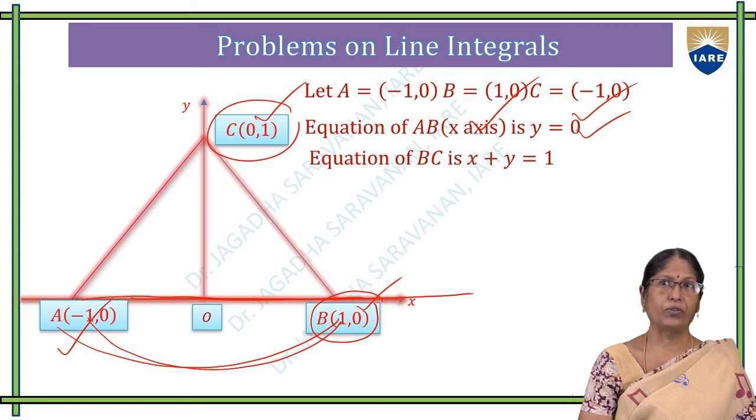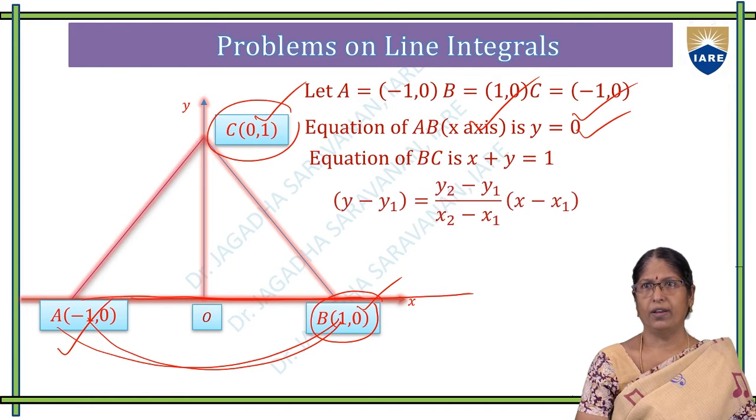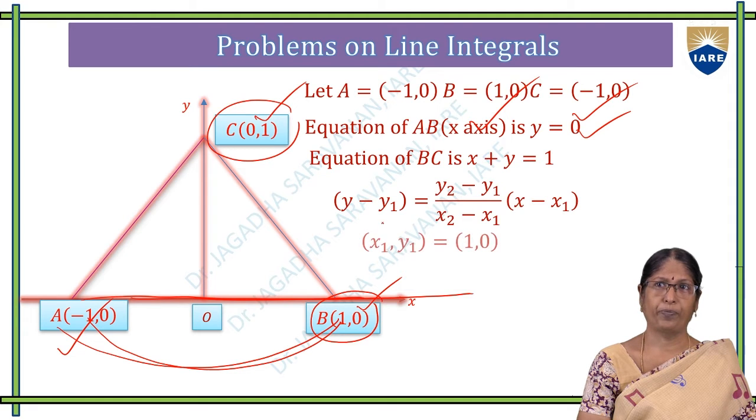According to the formula from analytical geometry, the formula is y minus y1 equals y2 minus y1 divided by x2 minus x1 times x minus x1.